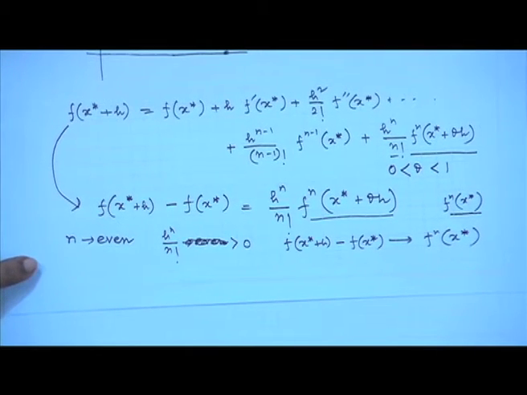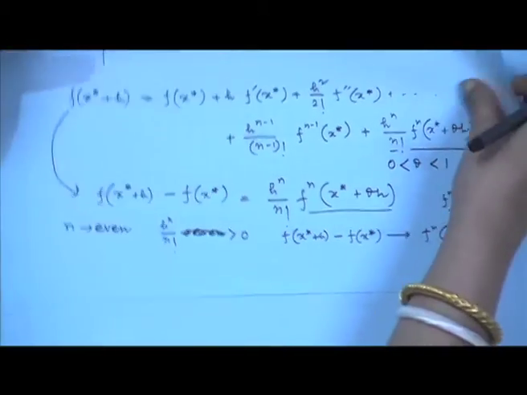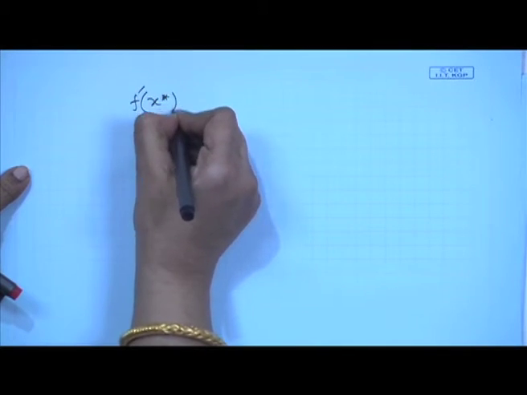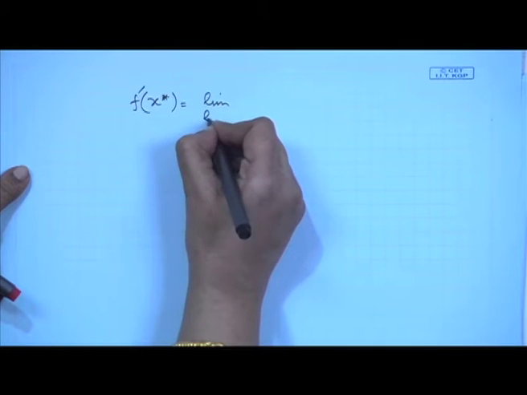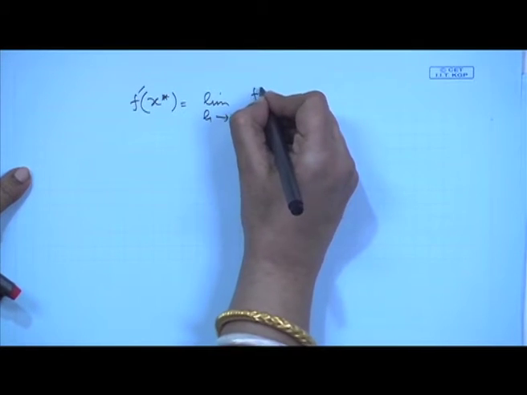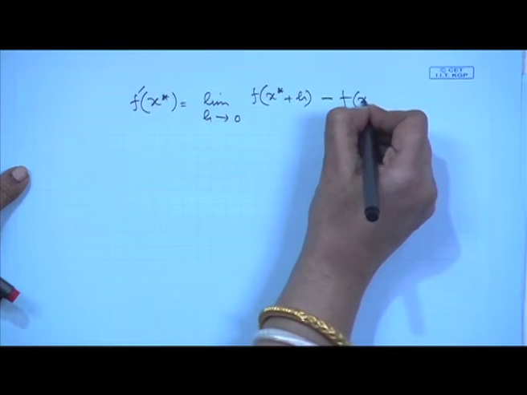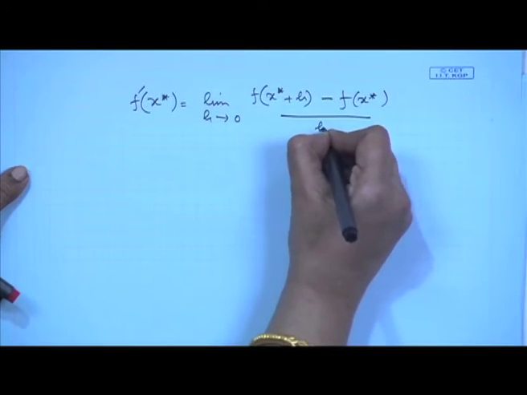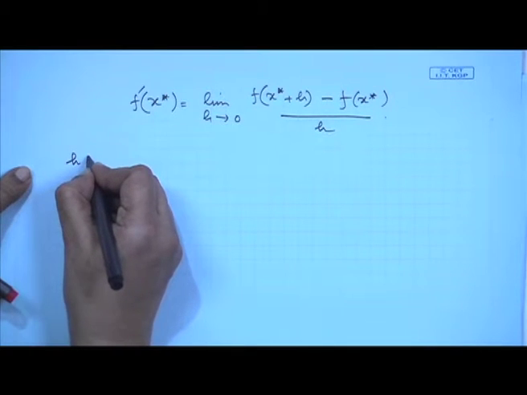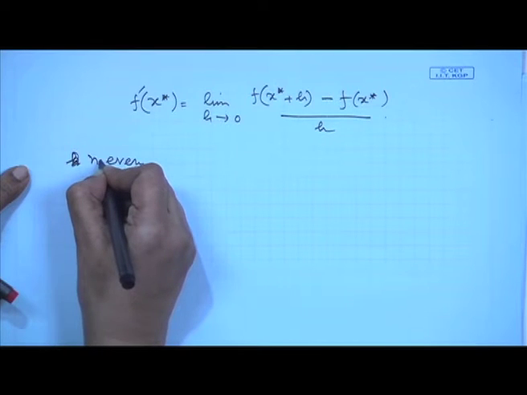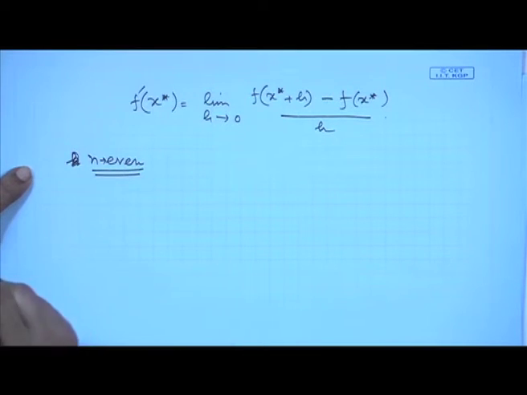Alright. That means what we are getting from this fact, that we know the definition f prime x star is equal to limit h tends to 0 of f(x star plus h) minus f(x star) divided by h. We are saying that n is even. For this condition we are now first considering.